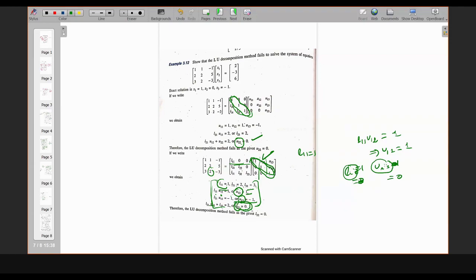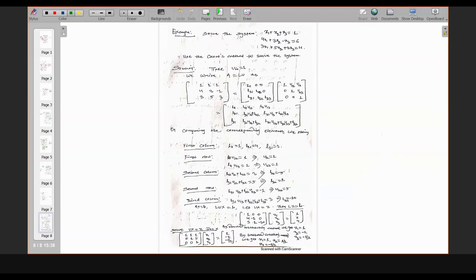Now you come to one more example where I am applying Crout's method. Use Crout's method to solve the above systems. These systems you can solve by using Crout's method. What you need to do here is first write your matrix A as the product of the lower triangular matrix and the upper triangular matrix.